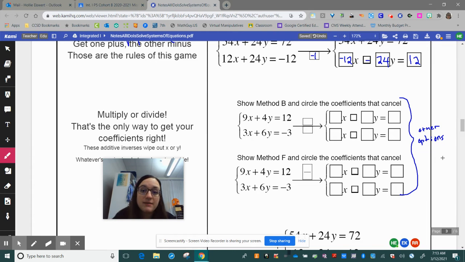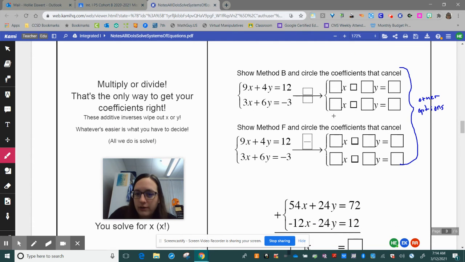So go there, pause the video, show method B, see if you can figure out which coefficients cancel. Show method F, right? There's that giant list of all the methods. There's actually A through F. I think there's a bunch of methods. This one they used a fraction, because they simplified. They divided all those by 2 so you could work with 3. Actually, okay, I see where they went with that. Okay, so you're going to fill those in. I'm going to move on because those are, again, options.